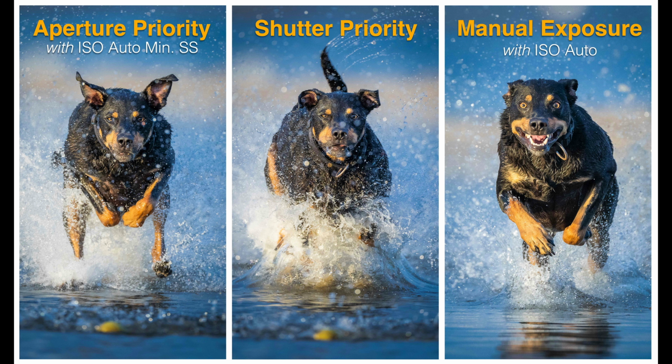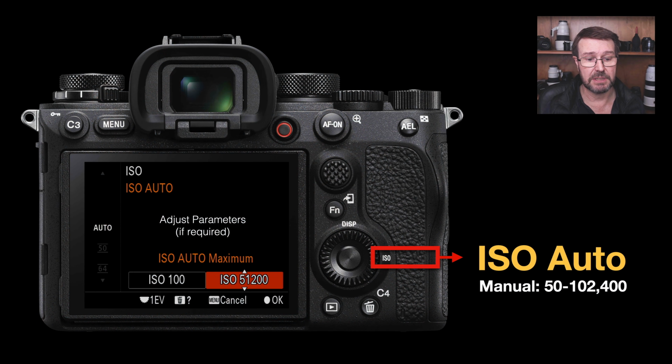There is a risk of underexposing when using shutter priority in those instances. Same with manual exposure. It is a good setting if you want to both choose your aperture and your shutter speed, but once that ISO is maxed out, then there is a risk again of underexposing, and that isn't the case with aperture priority with ISO auto minimum shutter speed.